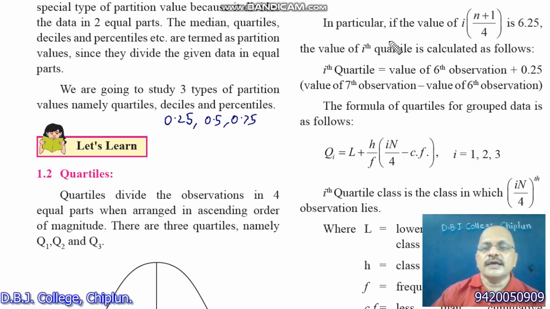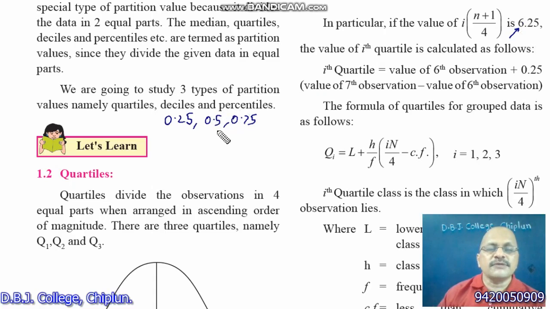Then in that case, let us see how to find the quartile. Say the 6th observation is required: the value of the 6th observation plus this fractional part multiplied by the difference between the 7th and 6th observation, multiplied by 0.25, that is the fractional part.